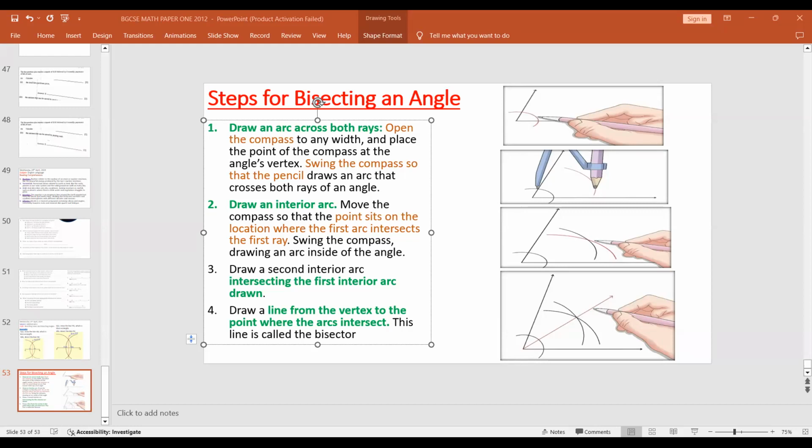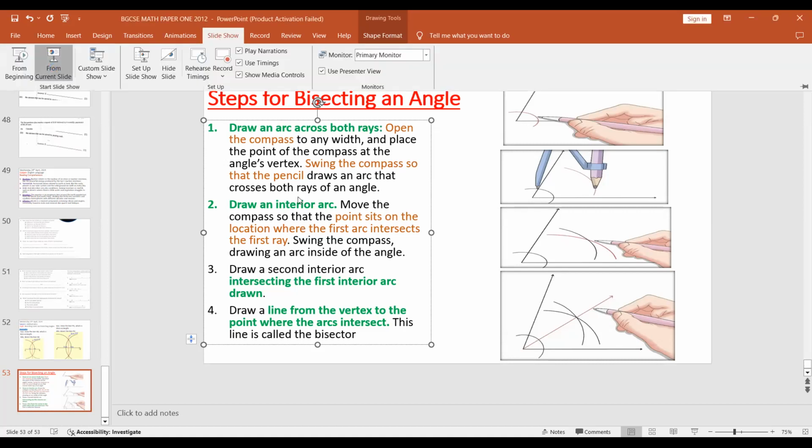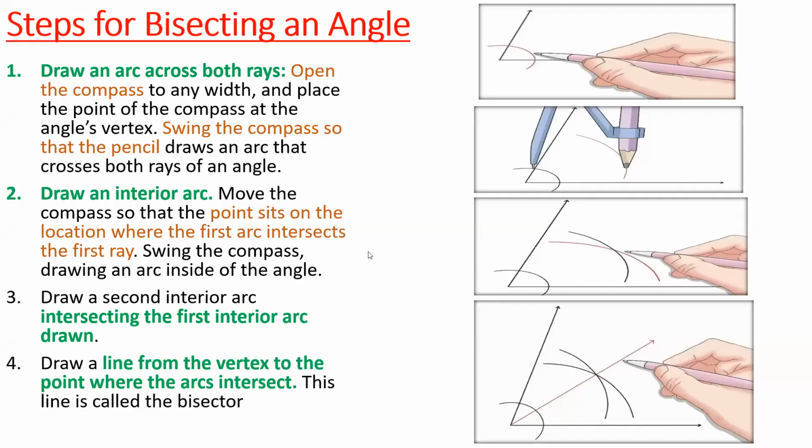Number 2, draw an interior arc. Move the compass so that the point sits on the location where the arc first intersects with the first ray. Swing the compass, drawing an arc inside of the angle. Number 3, draw a second interior arc, intersecting the first interior arc drawn. And number 4, draw a line from the vertex to the point where the arcs intersect. This line is called the bisector.